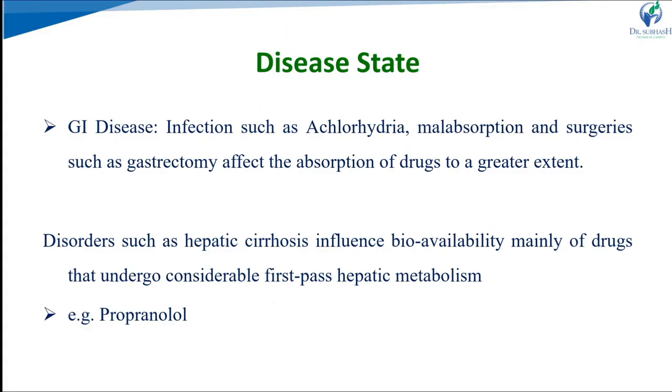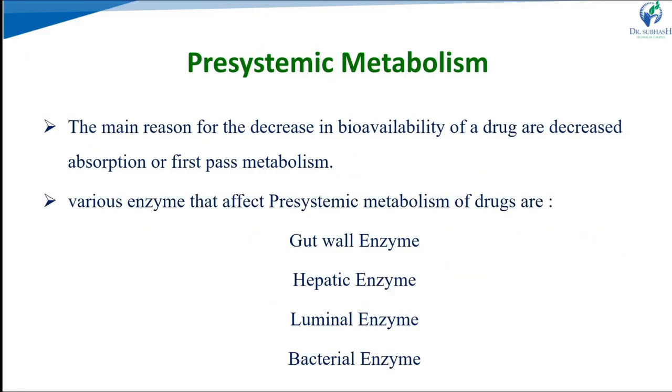Disorders such as hepatic cirrhosis influence the bioavailability of drugs that undergo considerable first pass hepatic metabolism, for example propranolol. So if disease conditions exist, the absorption process also alters.